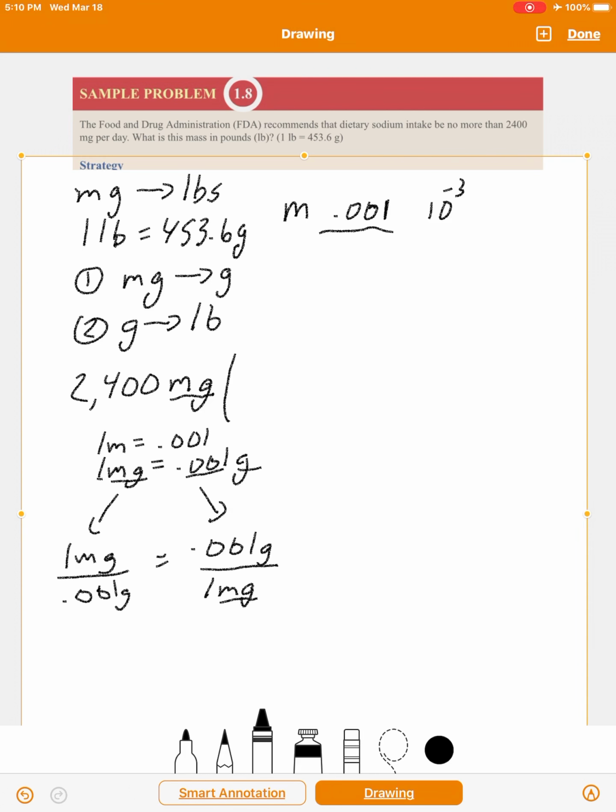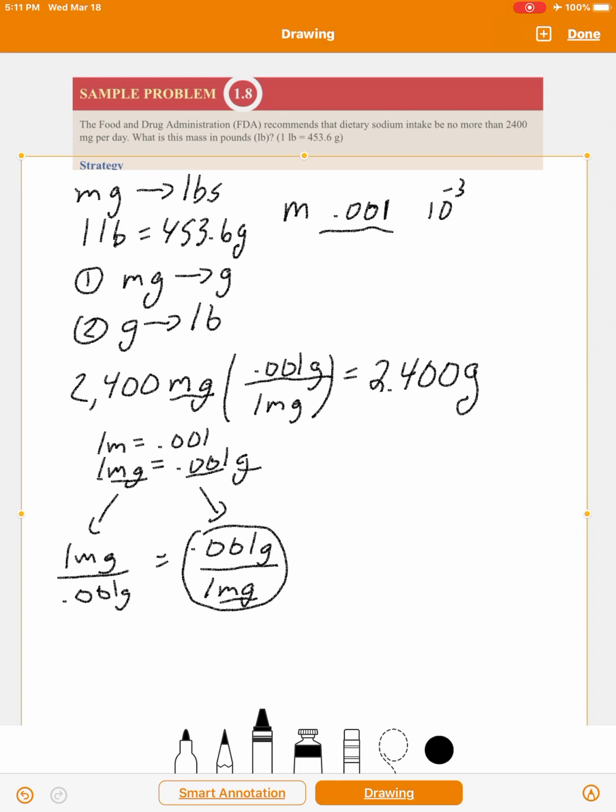So we choose this one: 0.001 grams over a milligram. And voila! We now have 2,400 times 0.001, which is, interestingly enough, 2.400 grams of sodium.